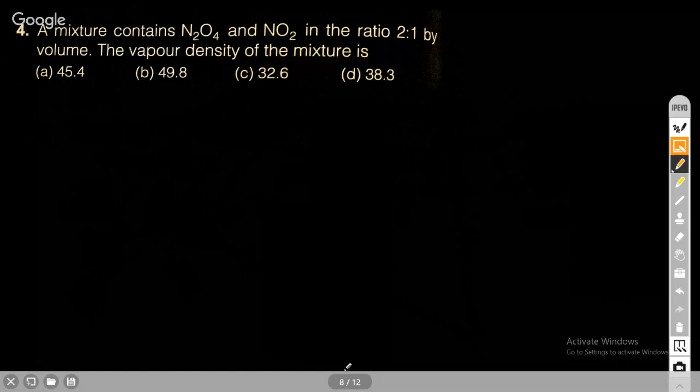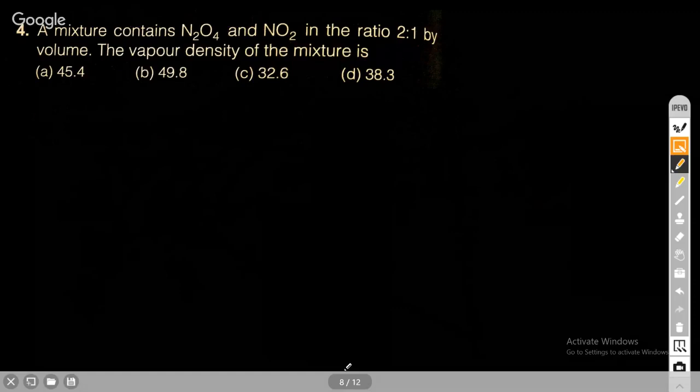Tridev and Devdas are getting D. Okay, D is the correct answer.